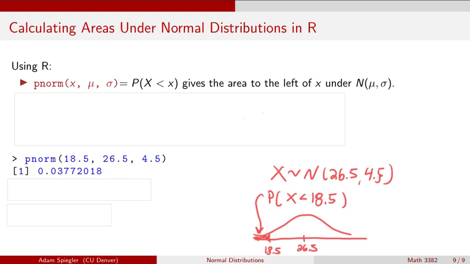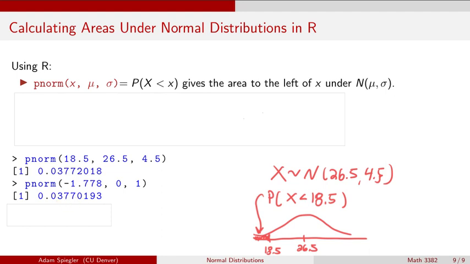You could have also used the standard normal distribution to calculate this. Recall that 18.5 had a z-score of minus 1.778, and I've kind of truncated this decimal. The 7 is repeating. And with a standard normal distribution, we have a mean of 0 and a standard deviation of 1. And down below, we get a very almost identical value.